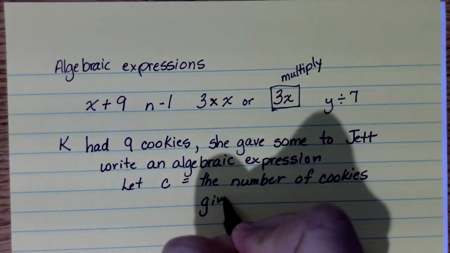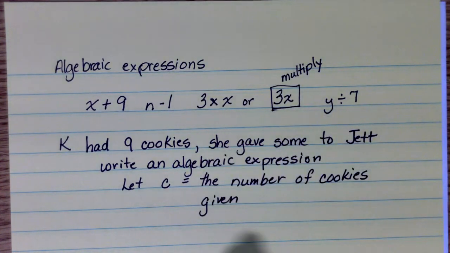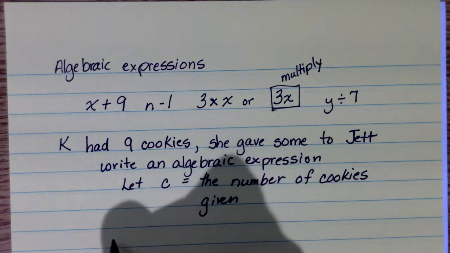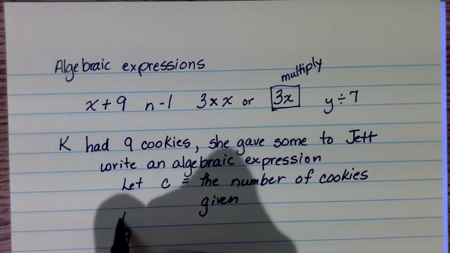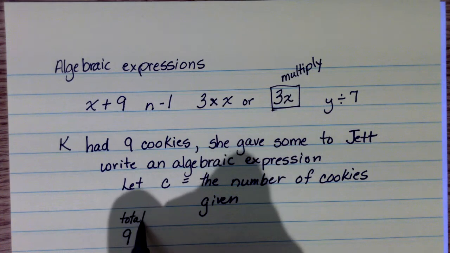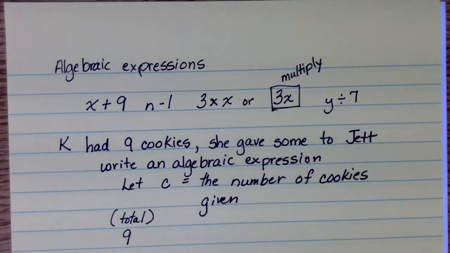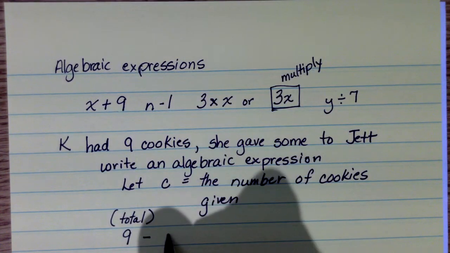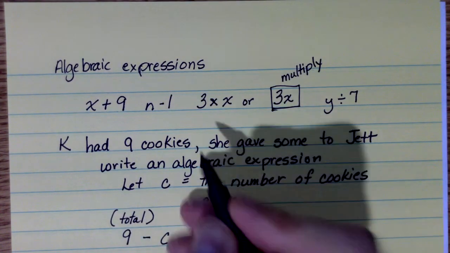We could have said let J equal the number of cookies given to Jet. It doesn't really matter, but we're going to let C equal the number of cookies given. So if we're writing this as an algebraic expression, we start out with the total number of cookies. If she's giving them away, we're going to subtract, and we're going to put the letter C in place for the number that she would have given.